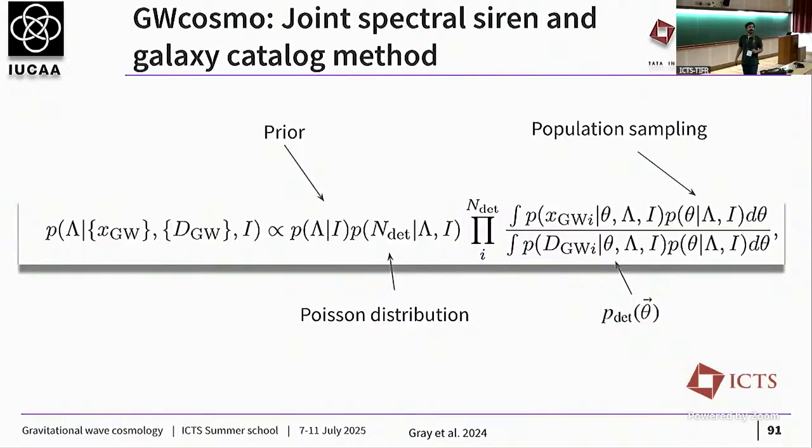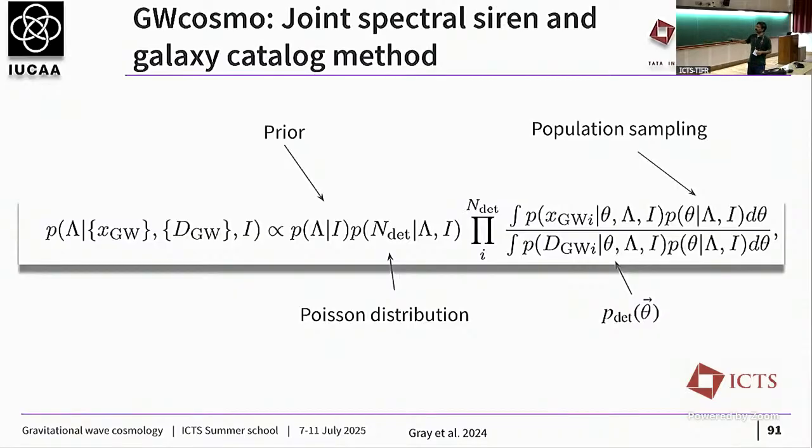Okay. So you will only run your analysis over events for which you have measured the strain and that they are detected. And there will be some other information that you may have folded in. What you want is the cosmological parameters, the rate parameters, everything given this data set. Right?